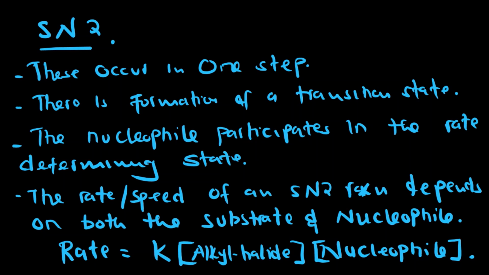If you double the concentration of the alkyl halide, the rate will also double. If you double both, the rate will be 4 times, because 2 times 2 is 4. So we say the rate quadruples.